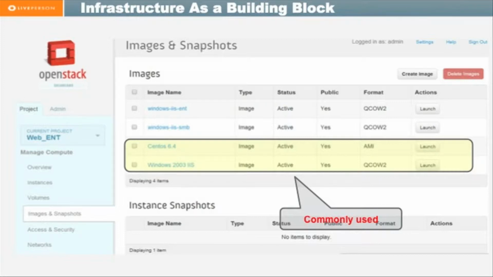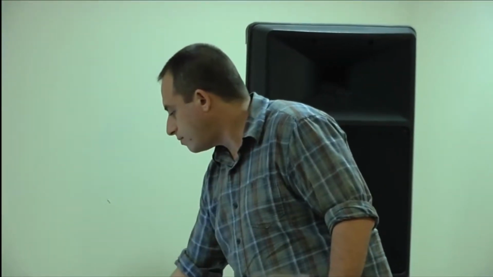So this is a real snapshot from our production environment. You can see that the images used mostly are CentOS 6.4, and some, like I mentioned before, for the legacy system, some Windows. Mostly Linux, of course. In terms of flavors, if you didn't touch OpenStack before, you can write any flavor you want.